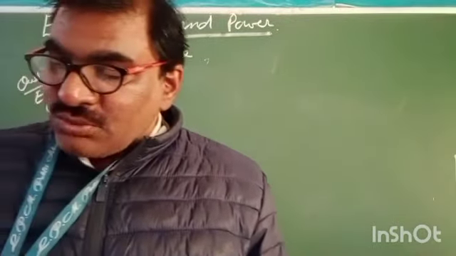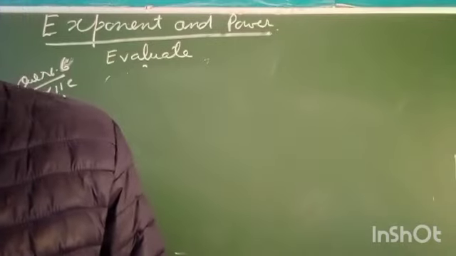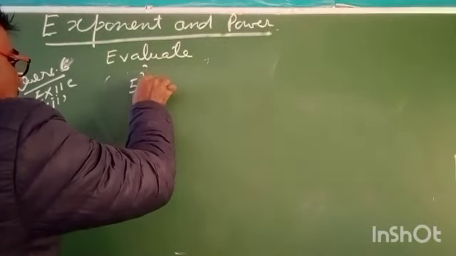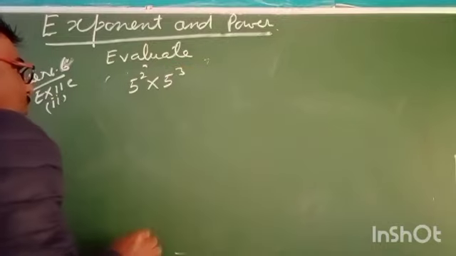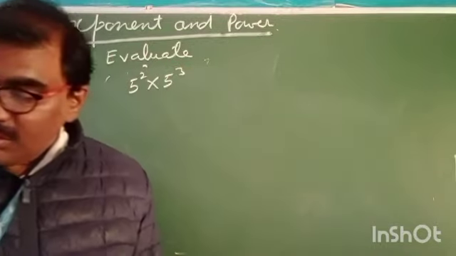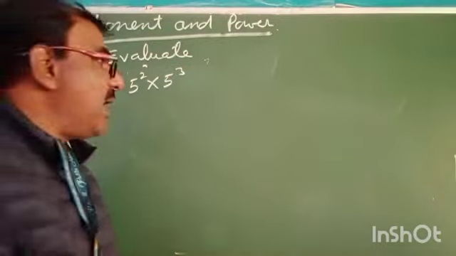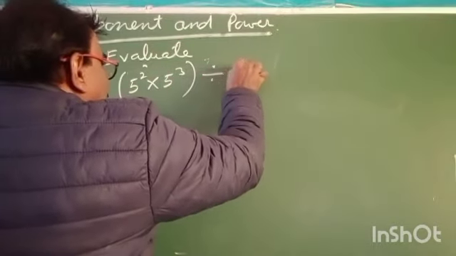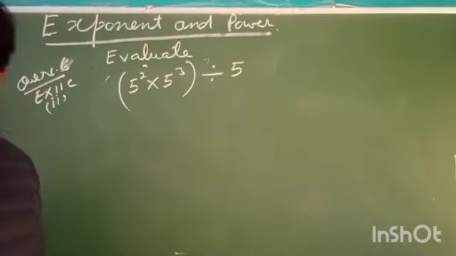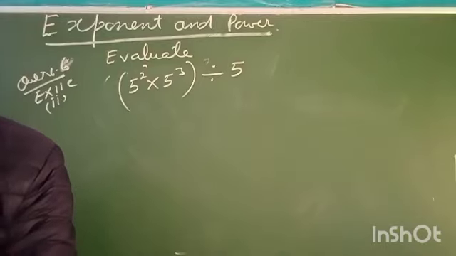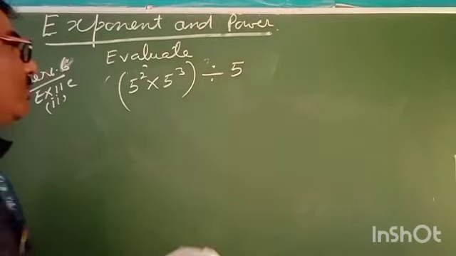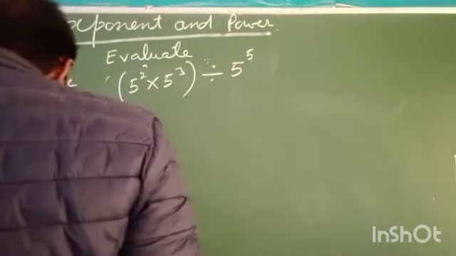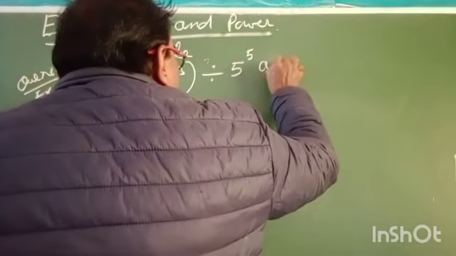Second part is: evaluate 5 square multiply 5 cube divided by 5 to the power 5, as a power of 2.